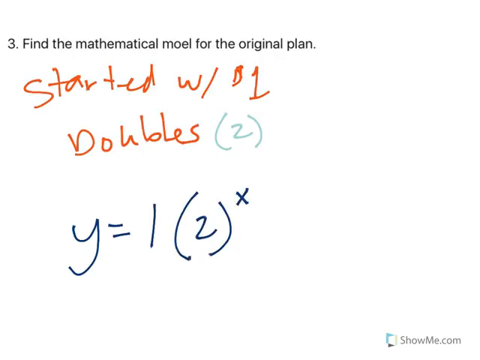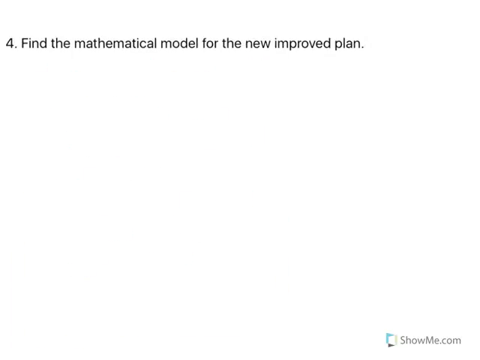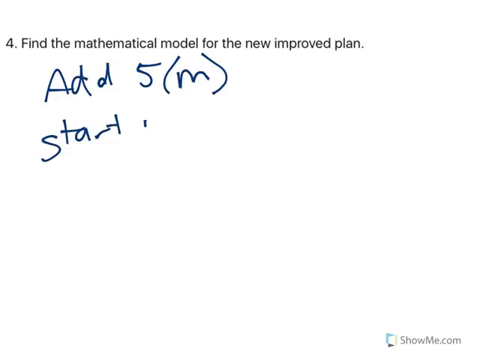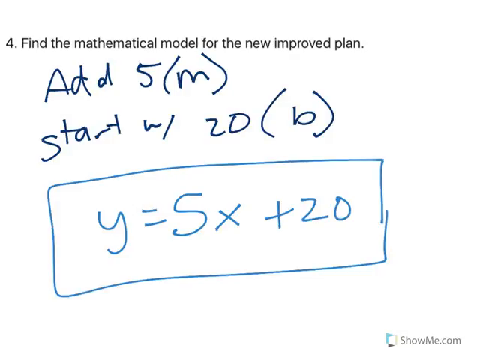In this case, we're talking about days. Here is my model for the original plan. Now, the new improved plan, we add 5 every time, which means that's our slope, and we start with 20, so there's our y-intercept. So y equals slope times x plus 20, and there's our linear model.